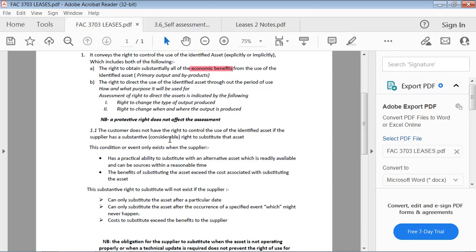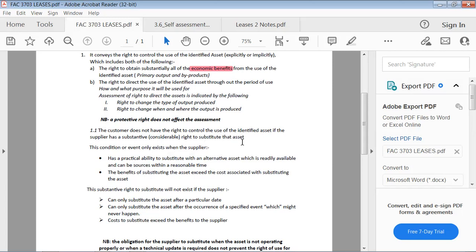Now we are saying that the right to control is addressed by means of what I'm going to explain: an asset that is identified between a customer and a supplier will give the supplier a substantive right to substitute that asset.